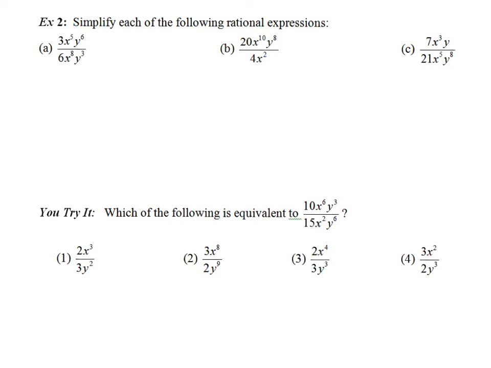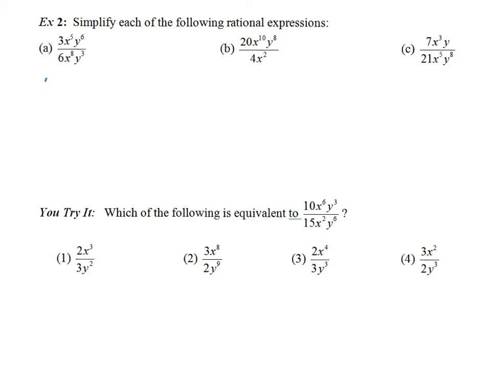So let's look at some examples in exercise number 2. You'll notice that in part A I have a monomial over a monomial. What that means is that I don't need to factor like I do with polynomials. It might be helpful for the first example or two for you to write out all of the factors of each monomial.